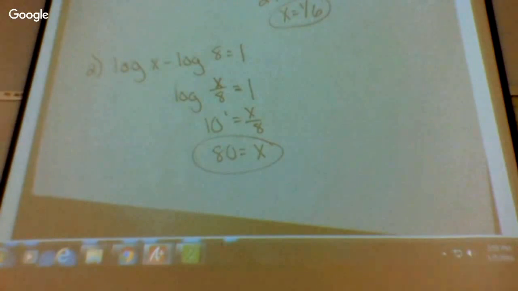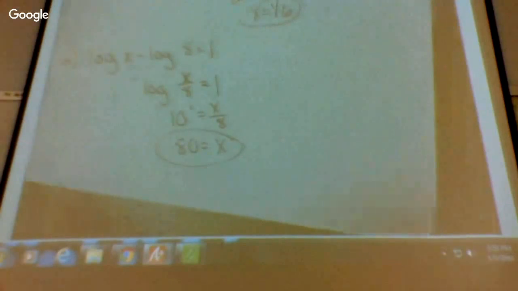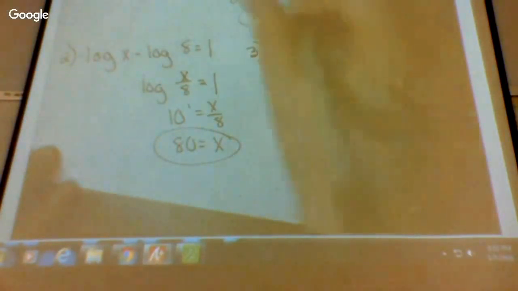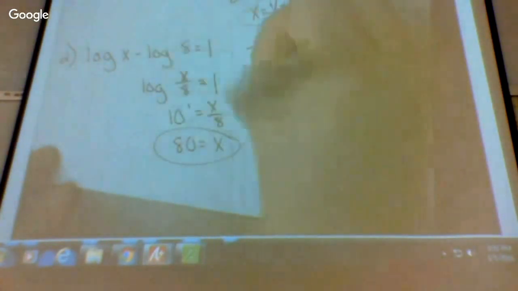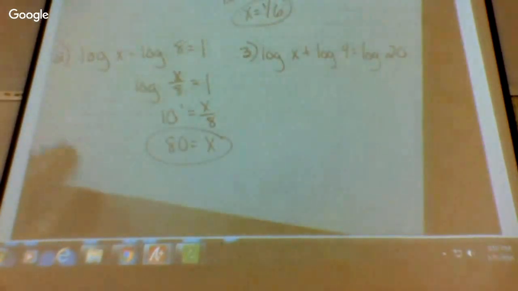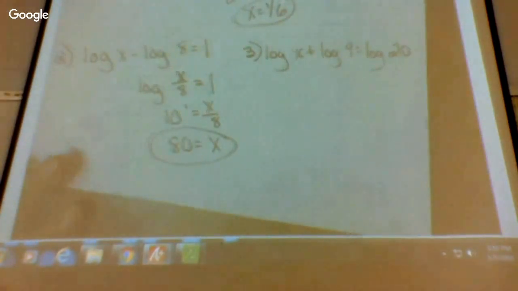I want to show you another one that's a little bit easier actually. I think I can even fit it over here. So if we have log of x plus log of 9 equals log of 20, you're still going to have to use the same concept of combining something.